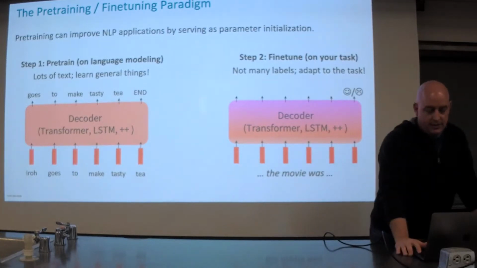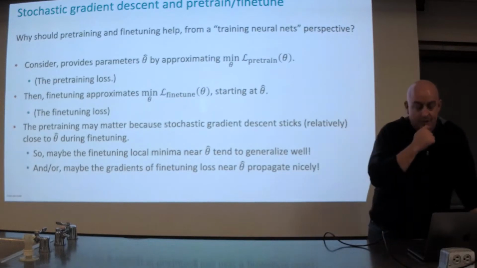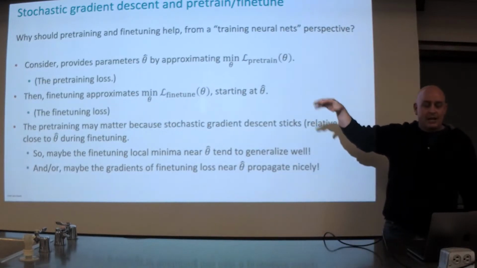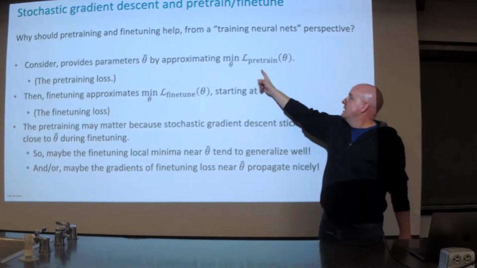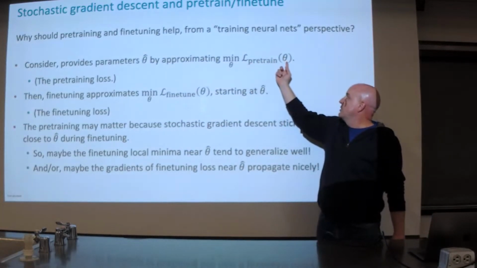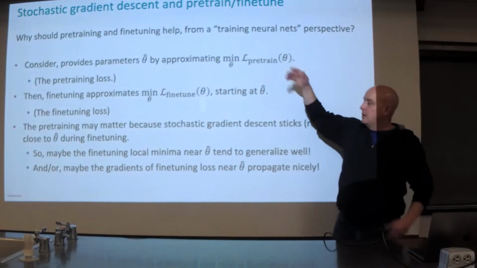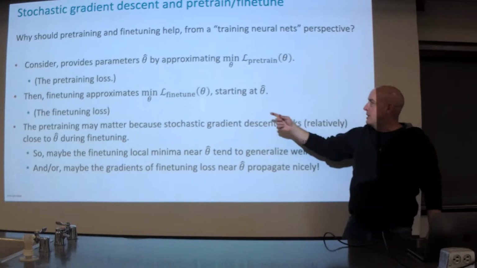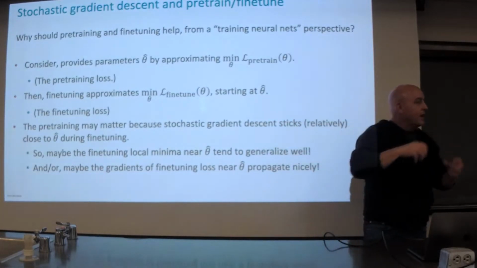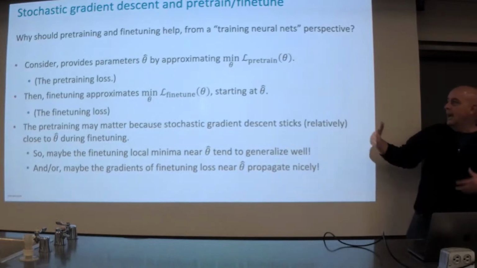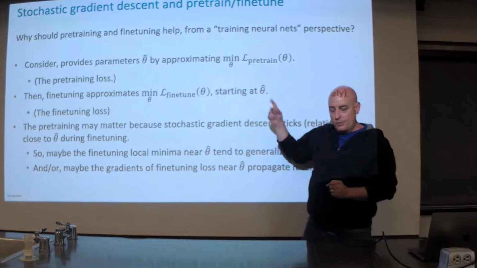We'll see examples. I'm going to skip over this because I'm going a little bit slow. This is saying in a mathy way what I was just saying. Pre-training with some loss gets us to a set of weights, shown there by theta hat, that are really good for general tasks. The fine-tuning starts essentially at that good set of weights for the network, and then does a little more learning, basically starting close to this set of weights.